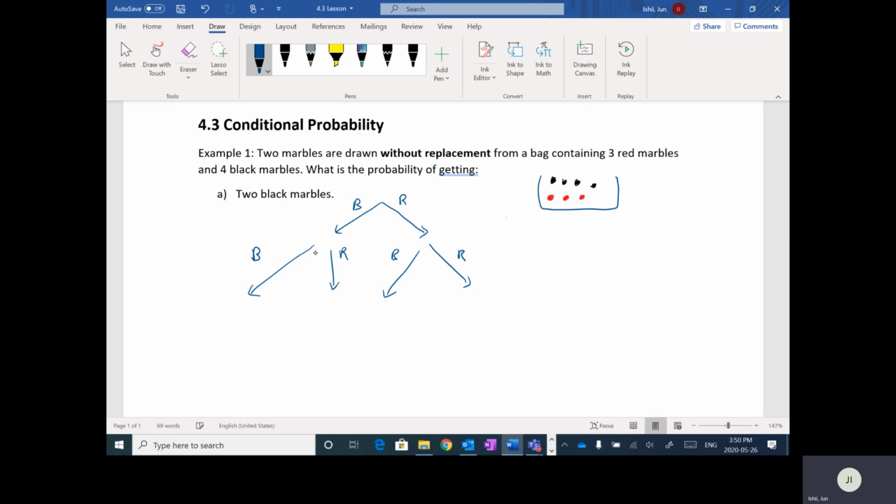Each one of these sets of branches represents a draw. So this first branch is the first marble, and this one here would be the second marble.